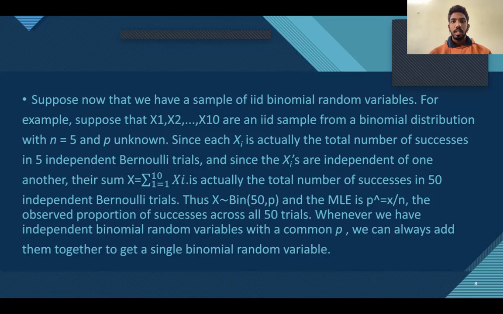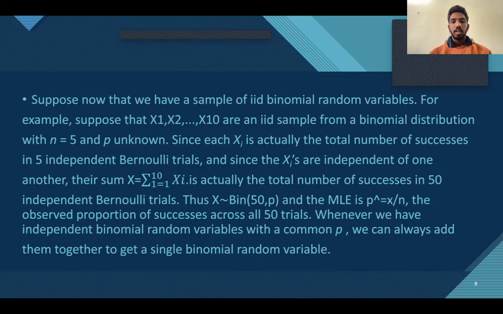Since each xi is actually the total number of successes in 5 independent Bernoulli trials, and since the xi's are independent of one another, the sum x is actually the total number of successes in 50 independent Bernoulli trials.